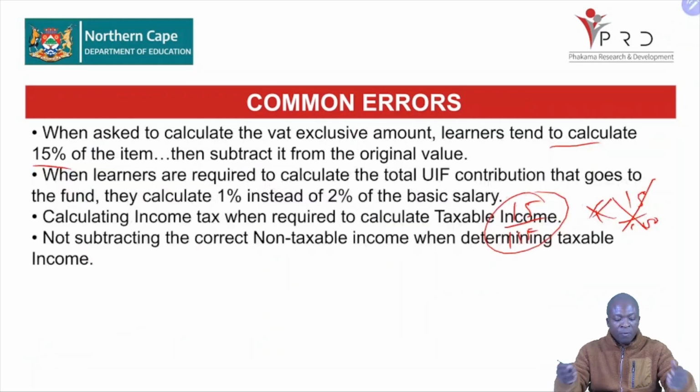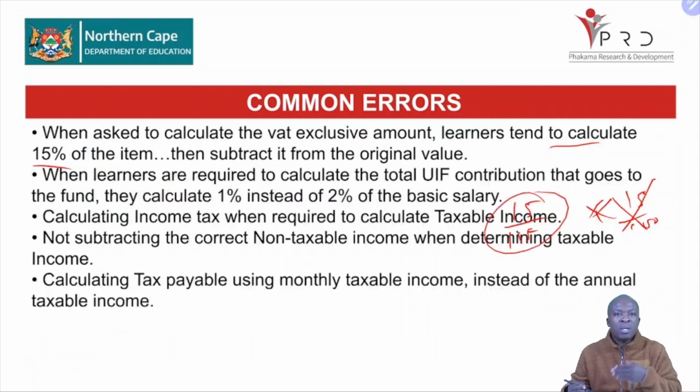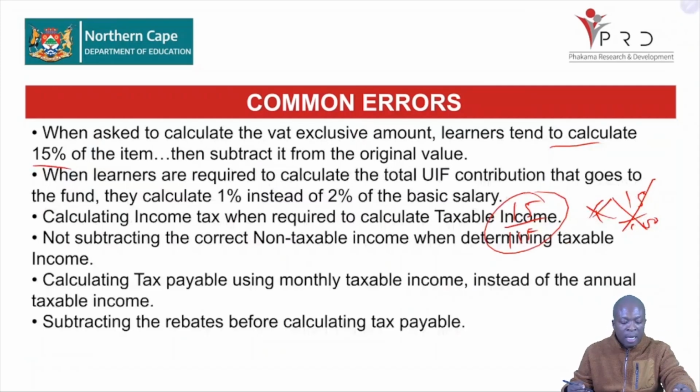All right. So I've given you a lot of common errors that you make. What I'm hoping that you can do is that along the way, you pause, have a look at it, because we are going to be doing examples. Then we'll be doing activities that will help you. Like when you are working with tax, you cannot forget to subtract rebate. But the problem is that sometimes the person is belonging to secondary, but then you skip primary, you go and subtract only the secondary.